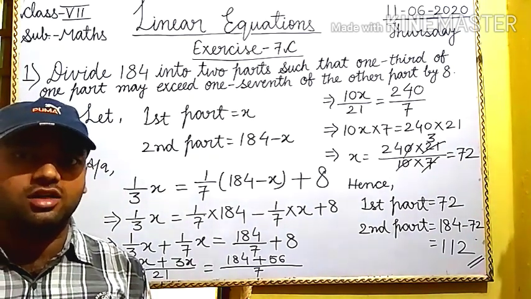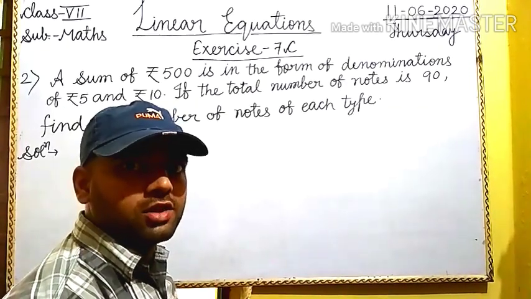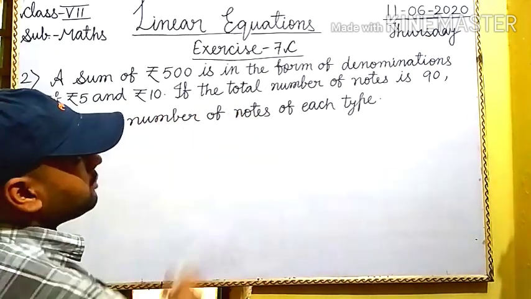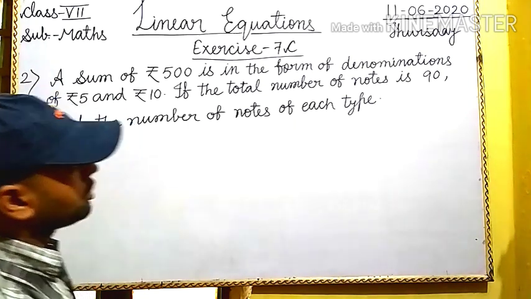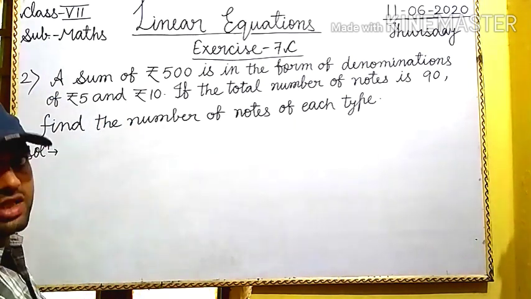Now let us discuss question number 2. In question number 2, a sum of 500 rupees is in the form of denominations of 5 rupees and 10 rupees. If the total number of notes is 90, find the number of notes of each type.